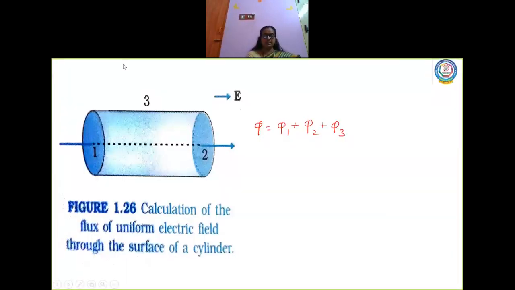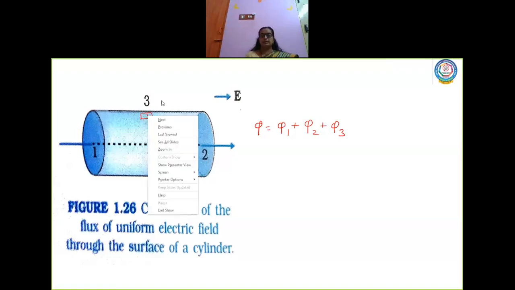Now in this third part, let us take a small area element. Now if I take a small area in this surface, now the area vector will be exactly normal, right? So here, how do I draw the area vector? When I draw a normal, it is always normal, right?